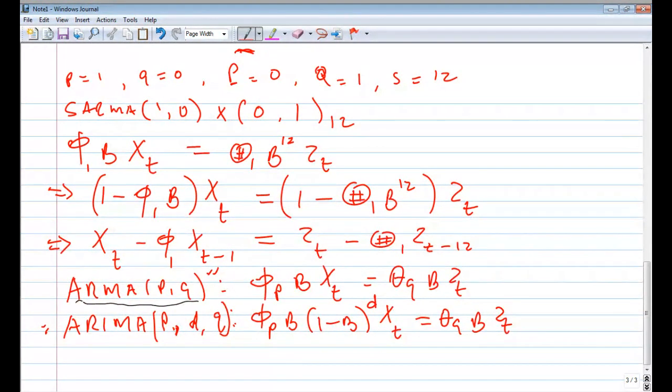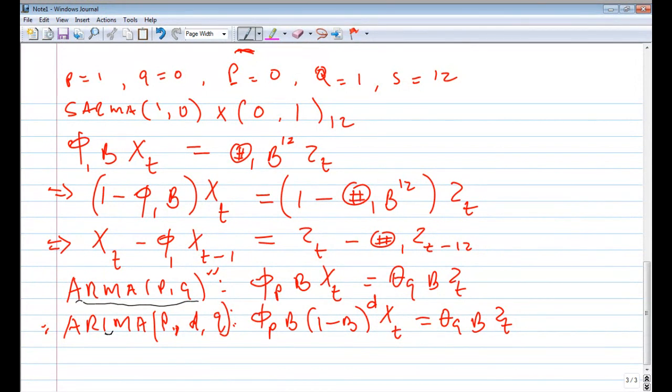The part that we included there, if you check, is this I here. Call it the integrated part. So ARIMA, when you read it, is autoregressive integrated moving average. That is why I'm saying that I stands for the integrated part.